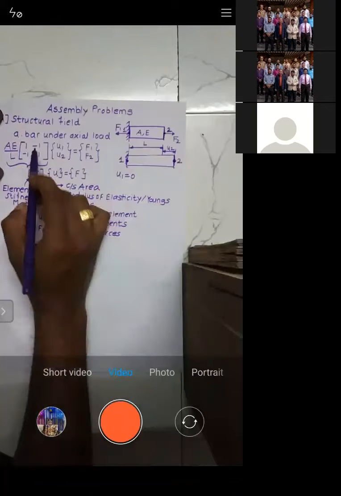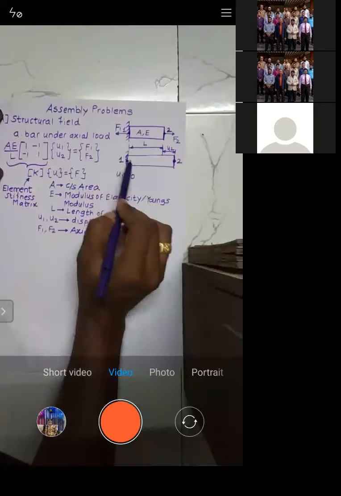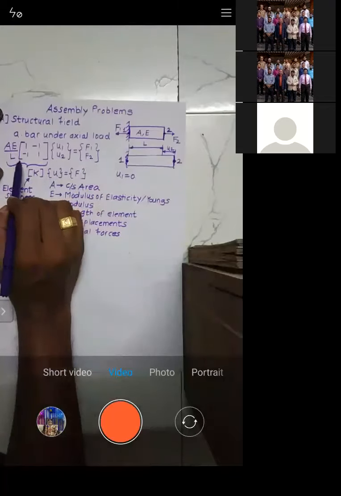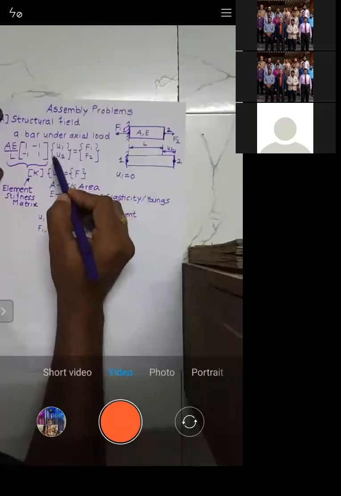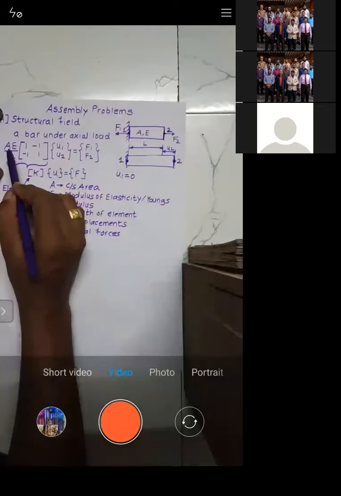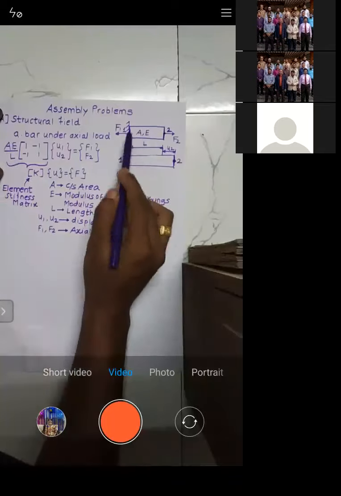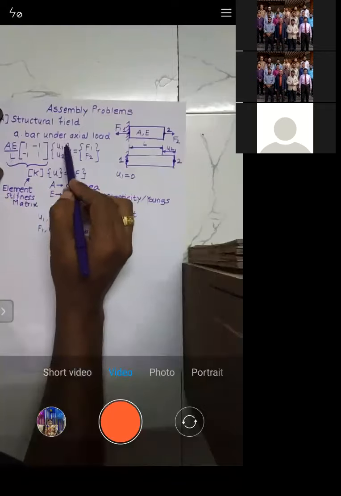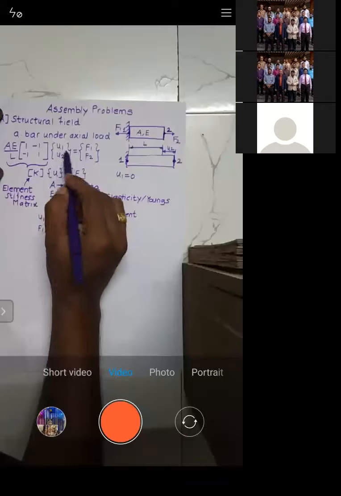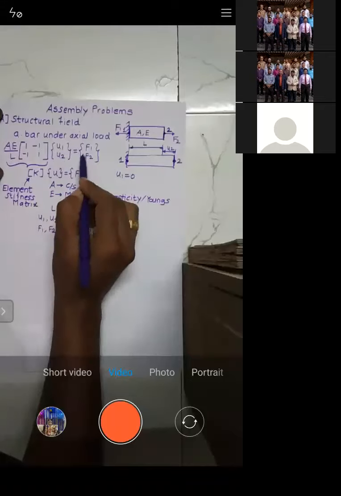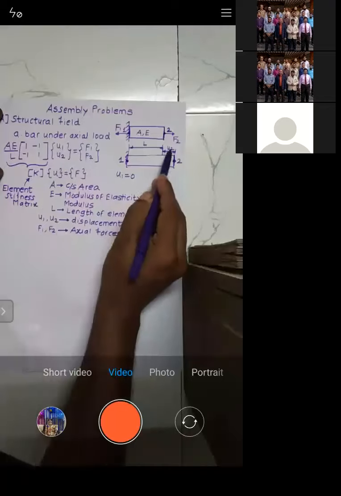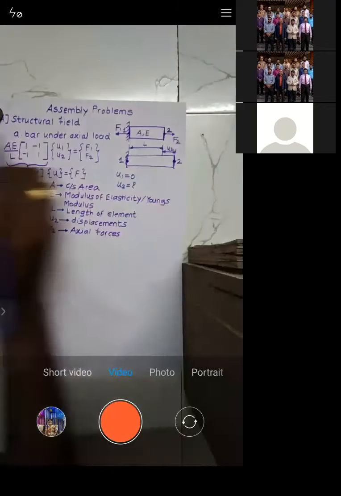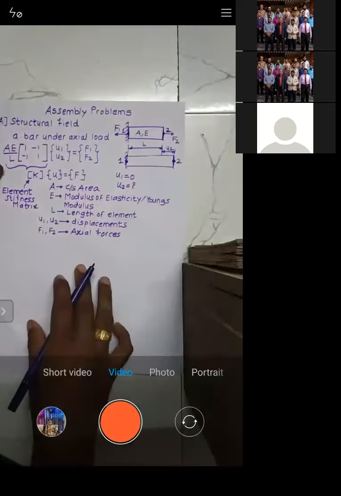So if you enter the values in this formula, you put the area of the cross section, E the modulus of elasticity, and the length. You put U1 as 0, and you put the force. Then you will get the displacement at point number 2. That U2 you can calculate. Is that okay?